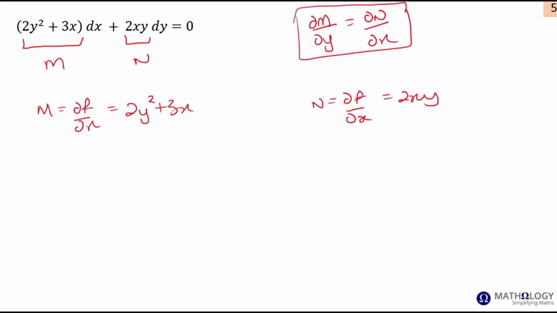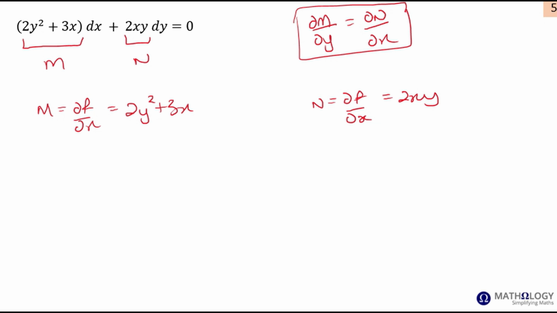So because this differential equation is not exact, we're going to attempt to turn it into an exact differential equation. And we do that by establishing an integrating factor. To do that, we need to find an expression in terms of partial derivatives that will give us that integrating factor.